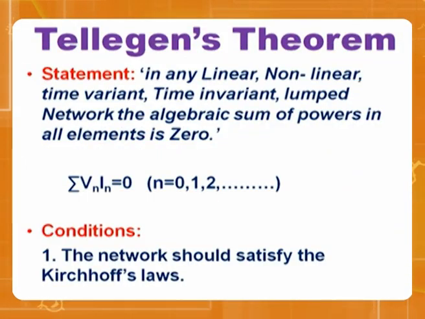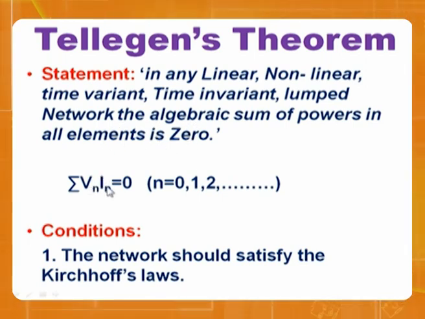Then we have one theorem called Tellegen's theorem. Actually, I like this to be called a law instead of a theorem, because a law is something which is valid every time. Read the statement here: in any linear or nonlinear, time variant or time invariant, lumped or distributed network, the algebraic sum of all powers in all the elements is 0.